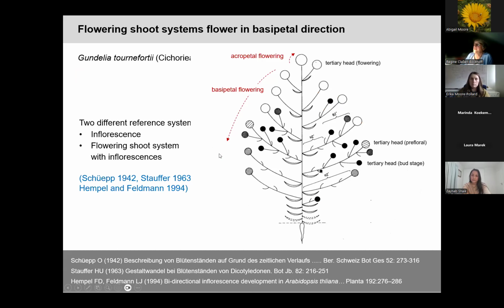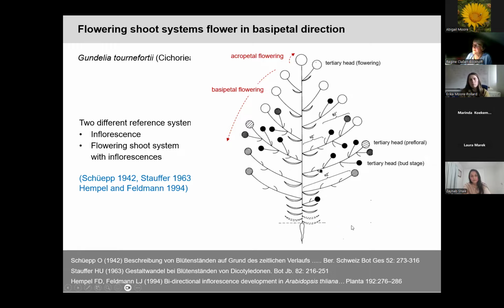But when we look at the entire plant, this is also Gundelia tournefortii. This is the entire plant, and each circle is 1 tertiary head. Then we see that the tertiary heads flower in acropetal direction, but all the lateral branches flower in a basipetal direction. The symbols are again buds, prefloral, and flowering stages.